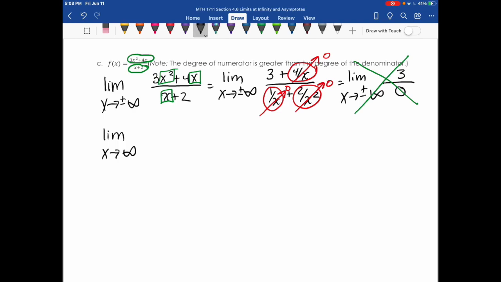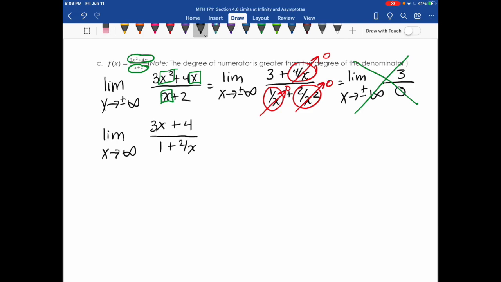So I'm going to divide everything by x. When I take 3x squared and divide by x, that leaves me with 3x. When I take 4x and divide by x, that leaves me with 4. When I take x and divide by x, I get 1. And when I divide 2 by x, I get 2 over x.